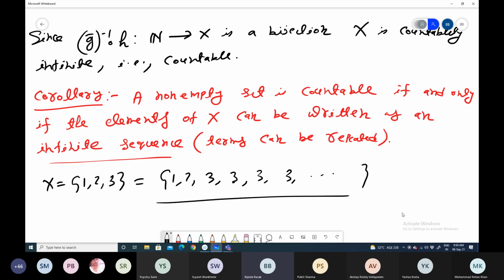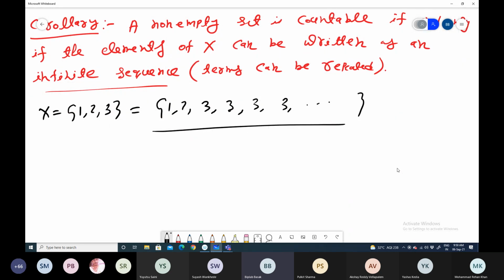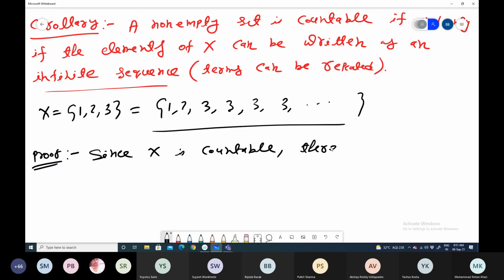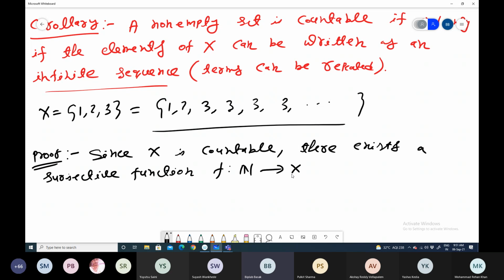Anyway, I will give a short proof of this one, though it is a very trivial corollary. First of all, since X is countable, there exists a surjective function f from natural numbers to X. Remember that X is non-empty, it is given. So therefore we can get a surjective function.